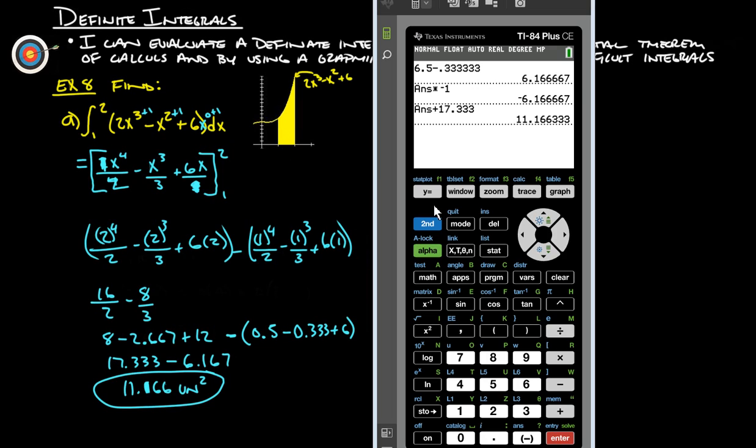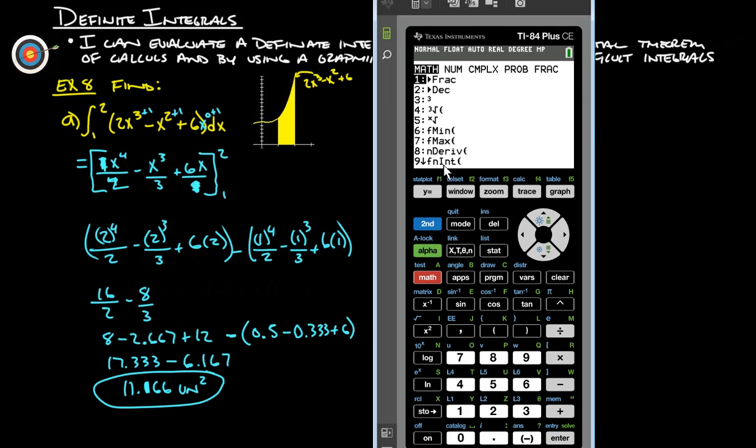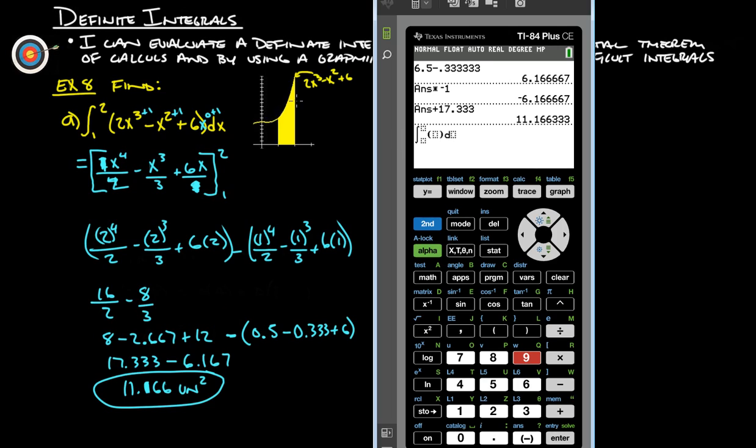Now we can actually do this on the graphing calculator by simply going into math and function integral, fnInt, number 9. And look at that, it's going to give us our little function stuff here. So we're going to simply enter in exactly what we have here.